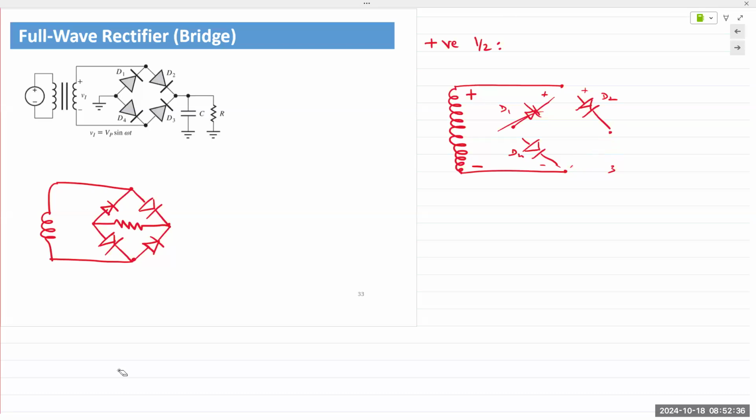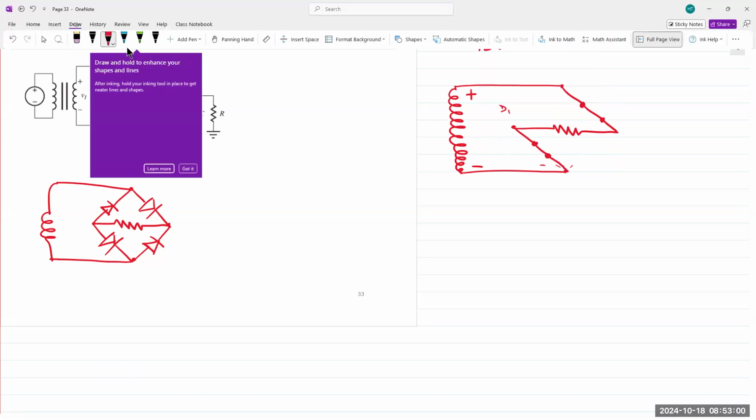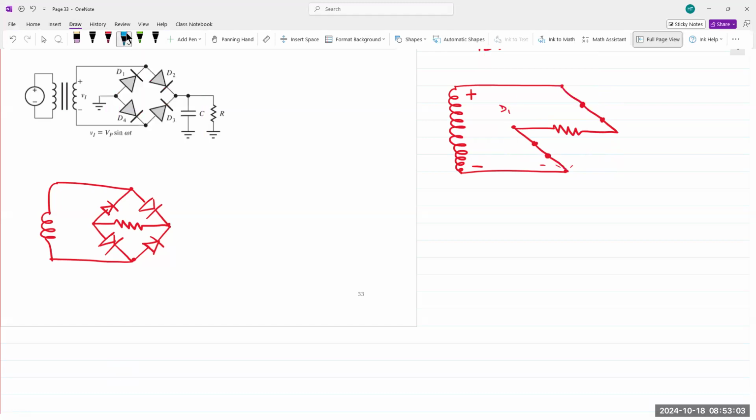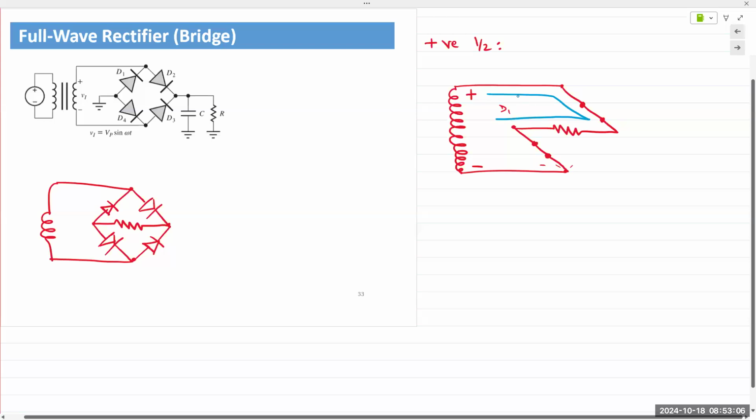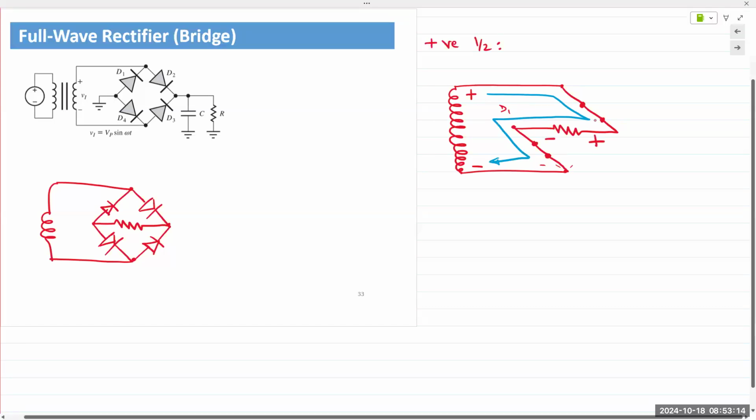And so the circuit's going to behave like this. There's a short here, and there's a short here, which allows current to flow in this direction, causing a voltage drop with a positive on the right and negative on the left.